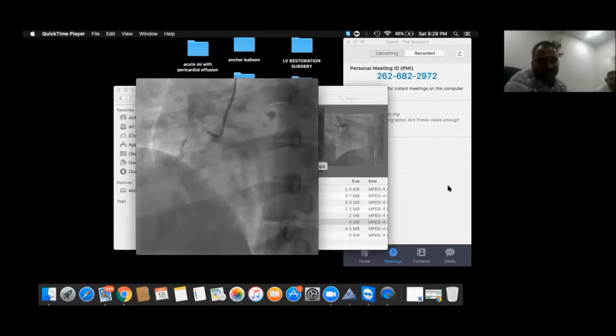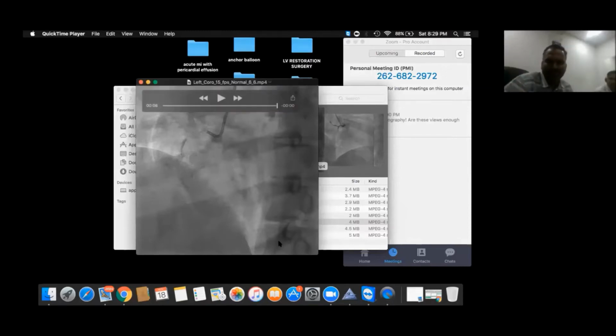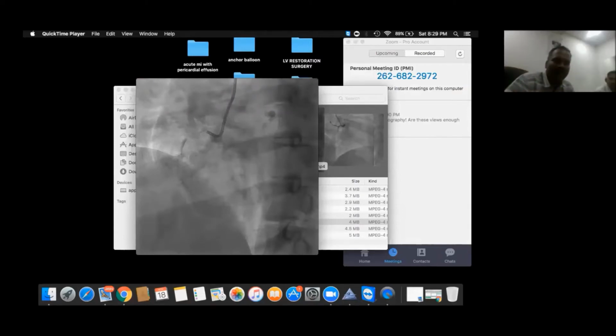Understand? So in this case, say for example, your LAD is not diseased. LAD is normal, LCX is normal, right? Then you should not end the angiogram without visualizing collaterals.